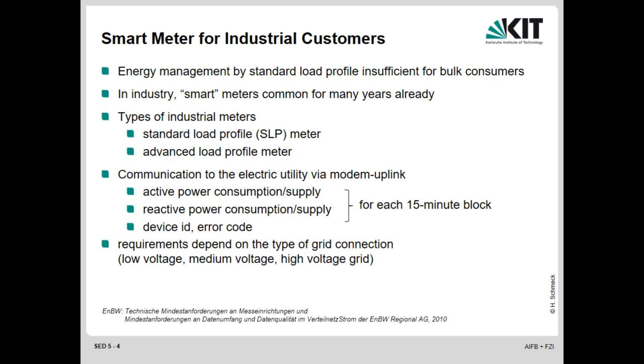For industrial customers, smart meters are nothing new. They have smart meters because they want to have more information about their energy consumption. They have certain standard load profiles, so they want to have some standard loads. There are all kinds of different types of industrial meters.